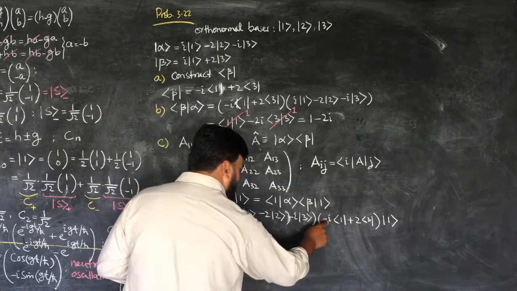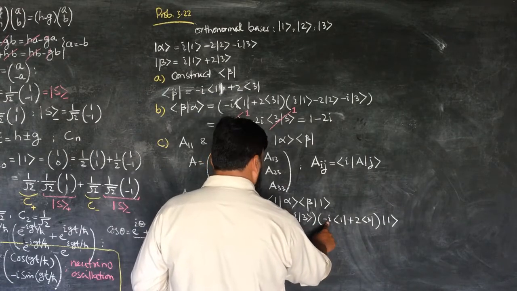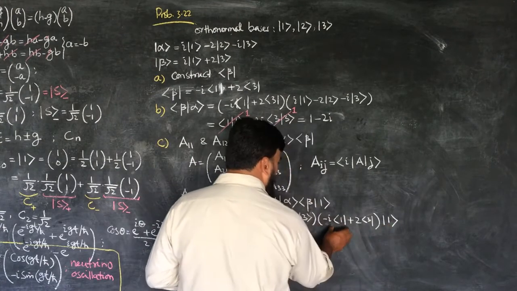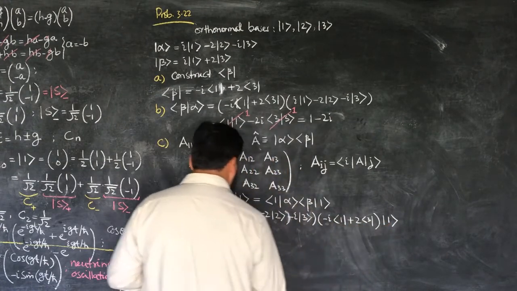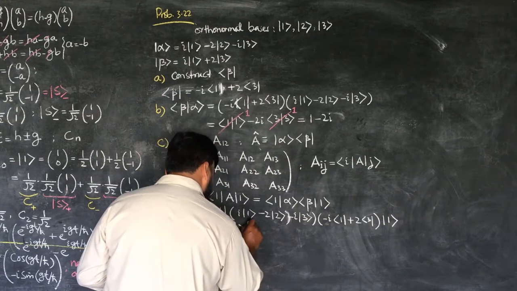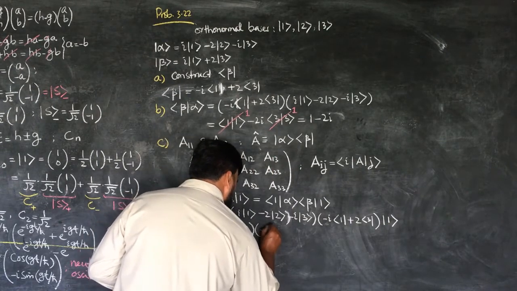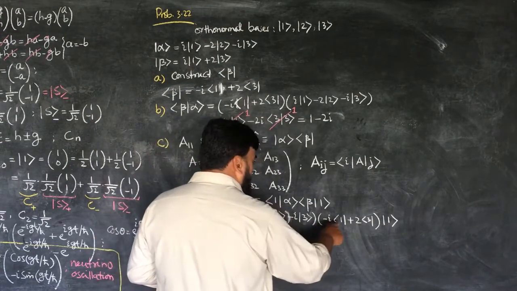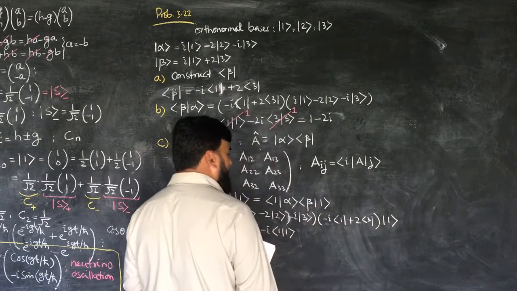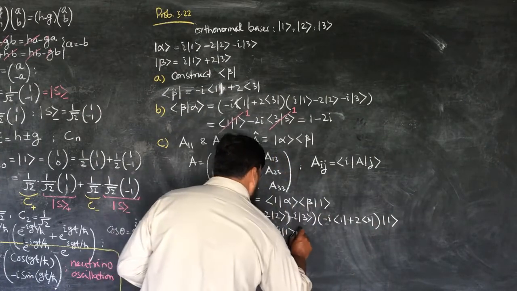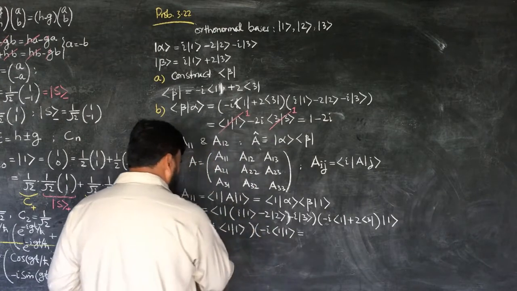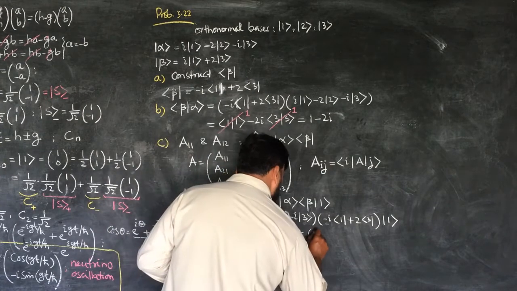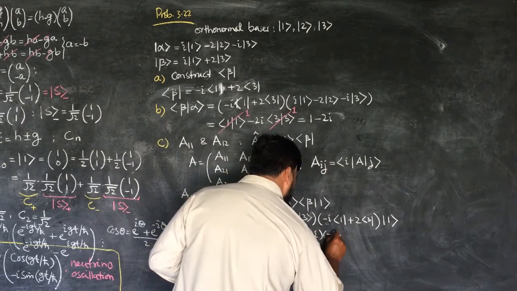Similarly, minus i here will multiply with <1|1>. So we got i here and minus i here.